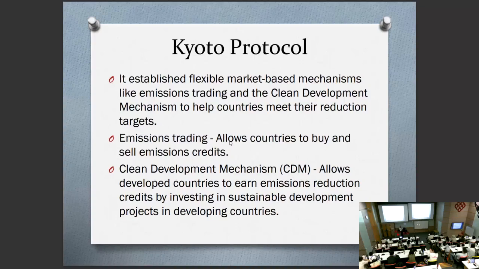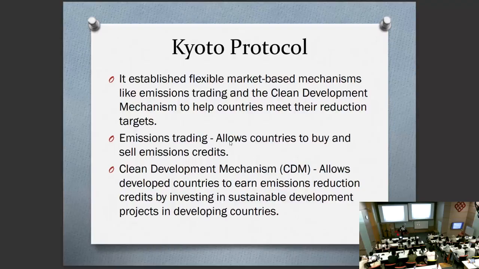It creates an economic incentive for companies, regions and countries to reduce their carbon footprint. And by emission trading, the most cost-effective reduction strategies will be utilized. I will explain more about this later.